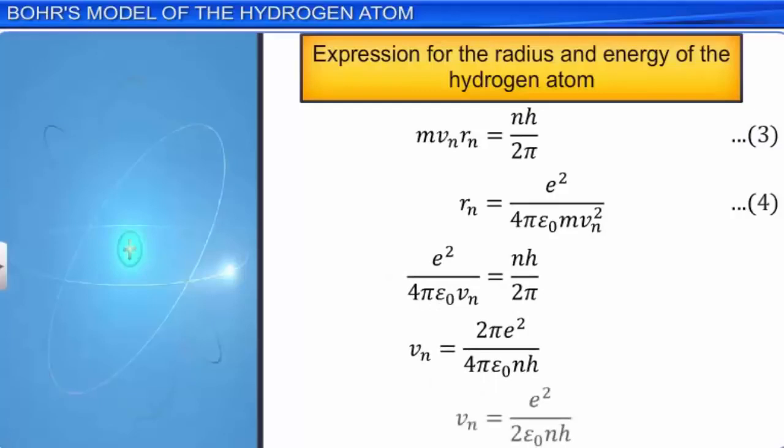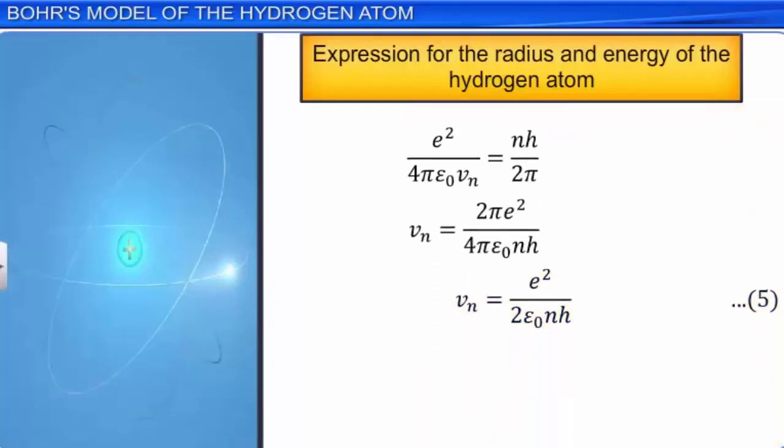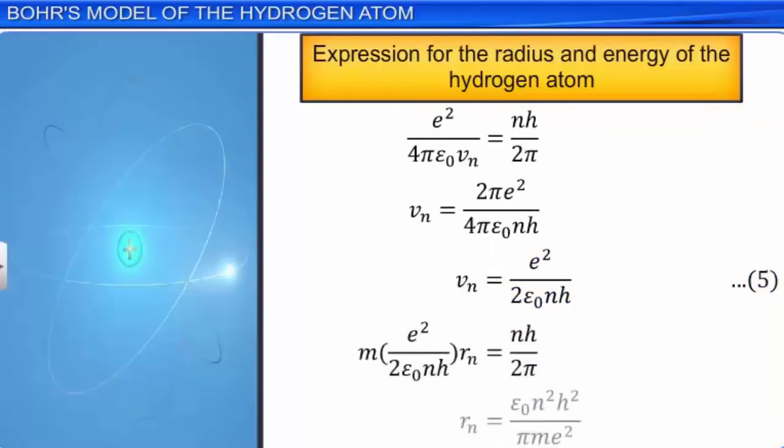Let this be equation 5. Substituting equation 5 in 3 and simplifying, we get r_n = epsilon naught n square h square by pi m e square. Let this be equation 6.